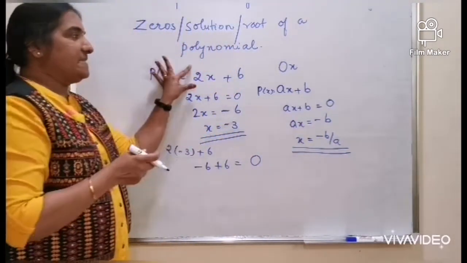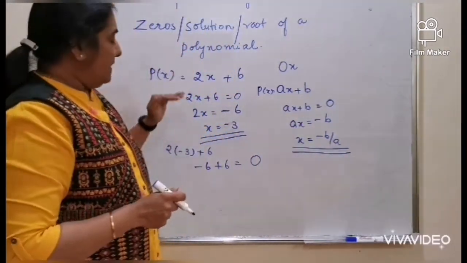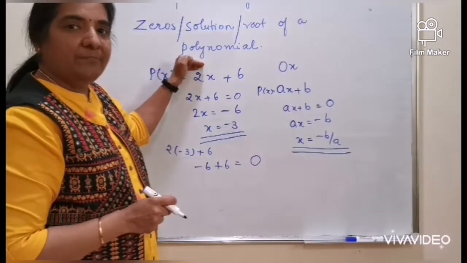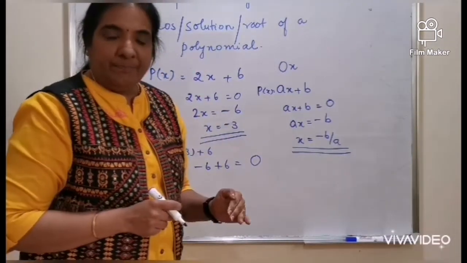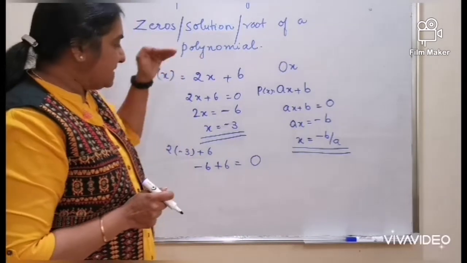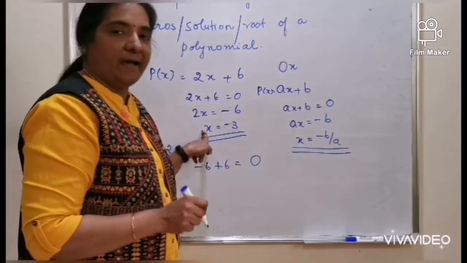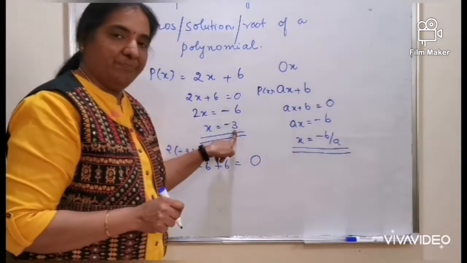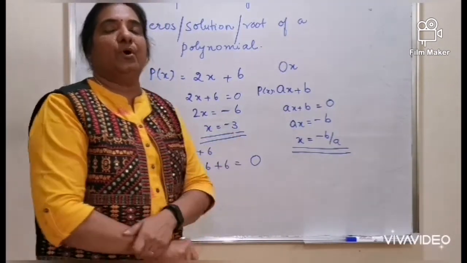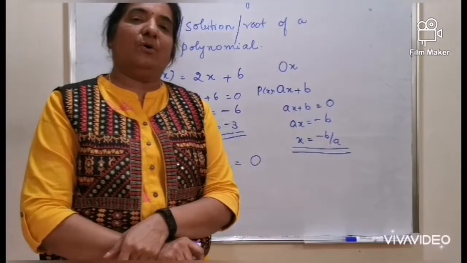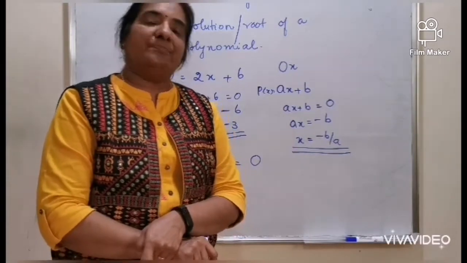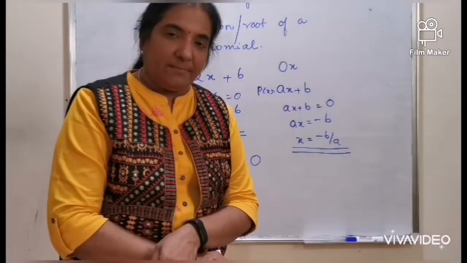When you see the example here, a linear polynomial has a degree 1, and so the maximum number of zeros a linear polynomial can have is 1. There is only one zero, or one solution, or one root for a linear polynomial.